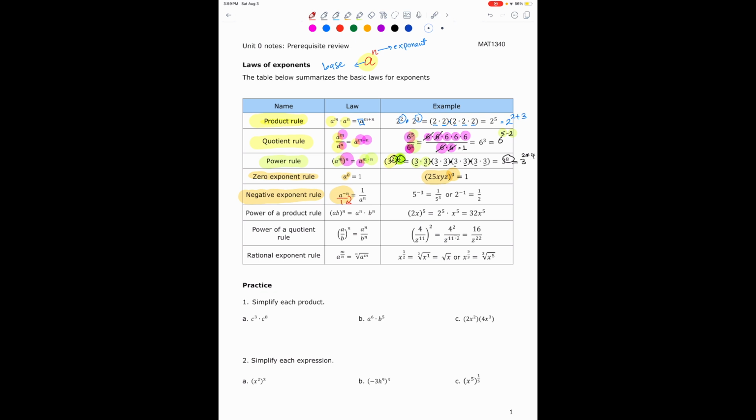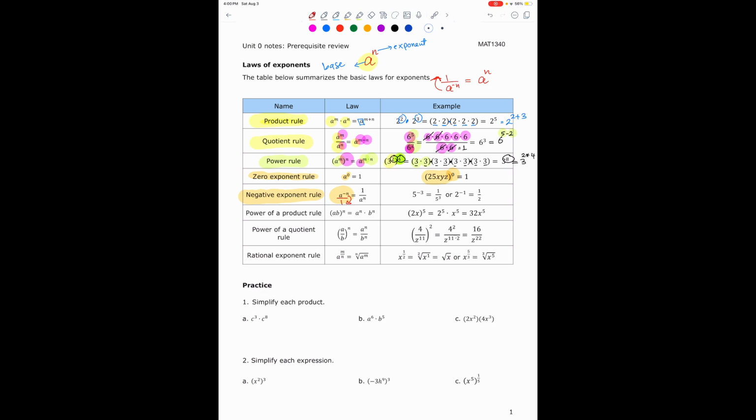So for example, if we have 1 over a to the negative n, we can basically push that into the numerator with a positive power. So it's going to become a to the n power. So if an expression goes from the numerator to the denominator, it's going to change the sign of the exponent. That is what this means.